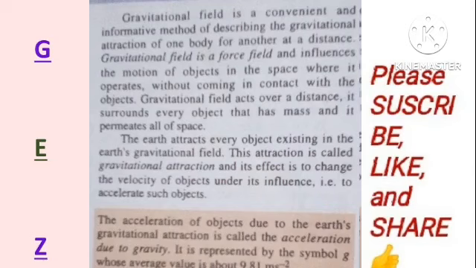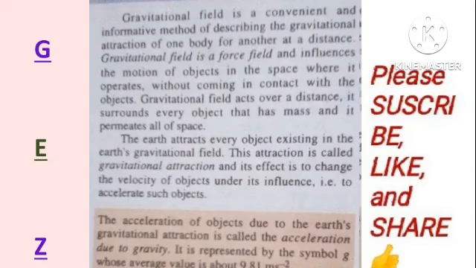Now, I want to talk about the gravitational field. It is a convenient and informative method of describing the gravitational attraction of one body for another at a distance. It is a force field that influences the motion of the object in space where it operates without coming in contact. So any force that doesn't come in contact with what it is acting on is called a force field.